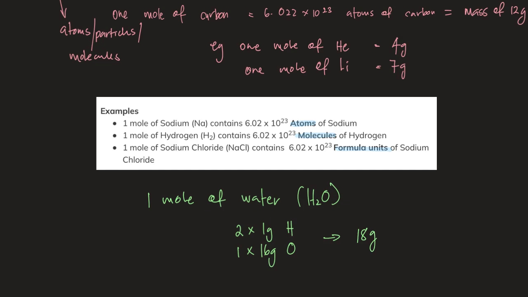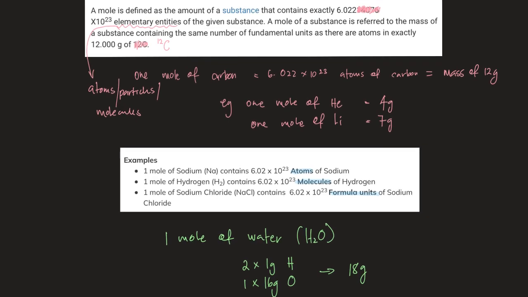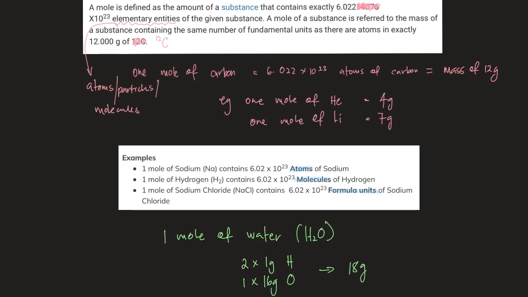That's another thing. You just have to make sure that you understand how this whole thing works. If I'm looking at hydrogen, hydrogen has an atomic mass of 1 and is 1/12 of the mass of carbon. So 1 carbon has the same mass as 12 hydrogen atoms. They're all related. That's why, in the definition, it's important that we mention that 1 mole of a substance is referred to the mass of a substance containing the same number of fundamental units as there are atoms in exactly 12 grams of carbon.